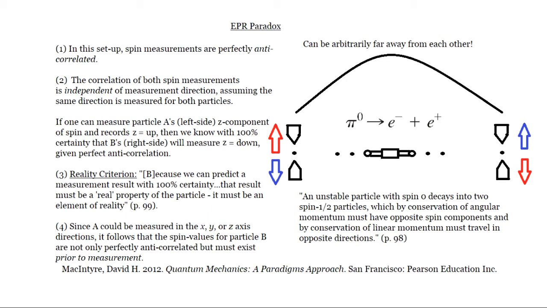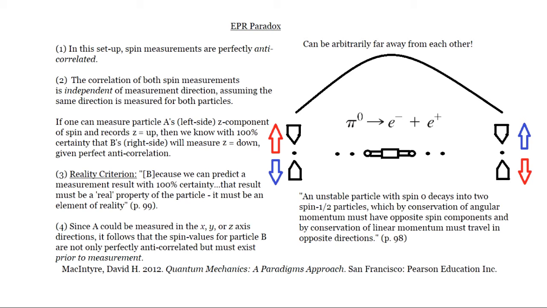So if we were to make the measurement, the result will be stochastically and randomly determined, but once we make the measurement, it will produce a definite result. And that definite result will be z-spin up or z-spin down. And once it becomes measured z-spin up or z-spin down, that will instantaneously affect the value of the spin for the positron on the other side, on side B. And that, again, will be anti-correlated.